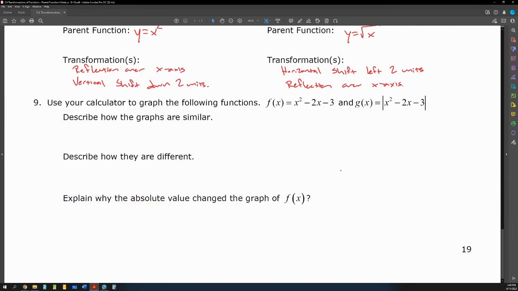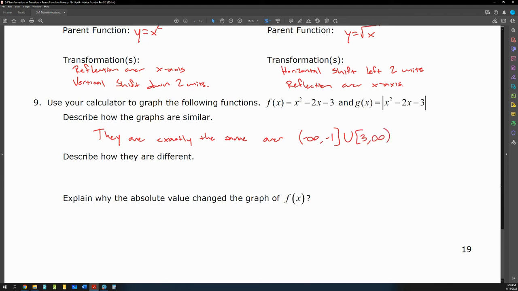So how are they similar? These functions are exactly the same over the interval negative infinity to negative 1, including negative 1 because that's an x-intercept, and then also from 3 to infinity.